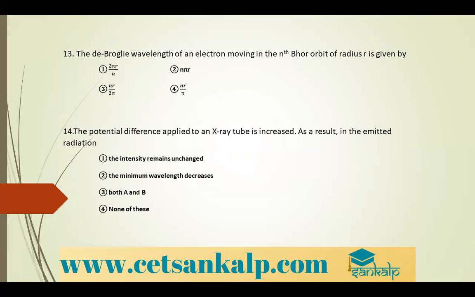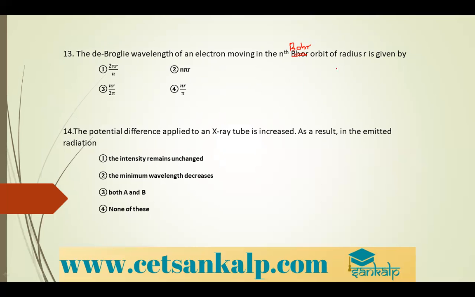Then, the de-Broglie wavelength of an electron moving in the nth Bohr orbit of radius r is given by.